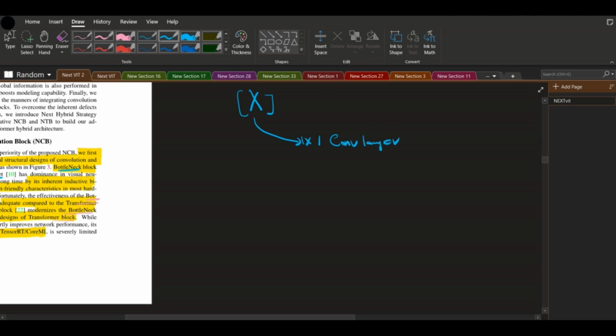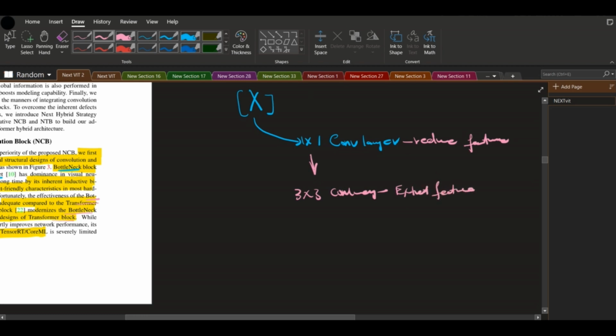The purpose here is to reduce the feature map. Then we pass this towards a 3 by 3 convolutional layer. The purpose of this is to be able to extract features from the reduced feature map. So we extract features here.